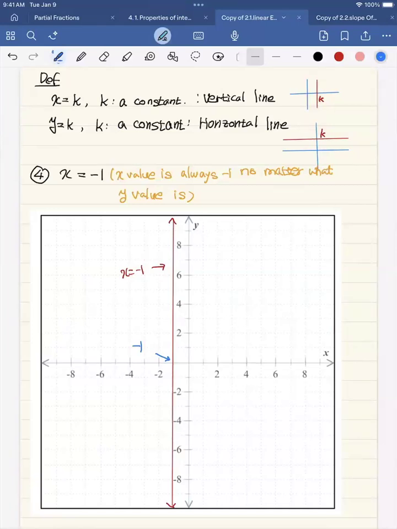Now we learn about the equation that consists of only one variable, x equals k, and y equals k. We are considering the straight line on the plane.